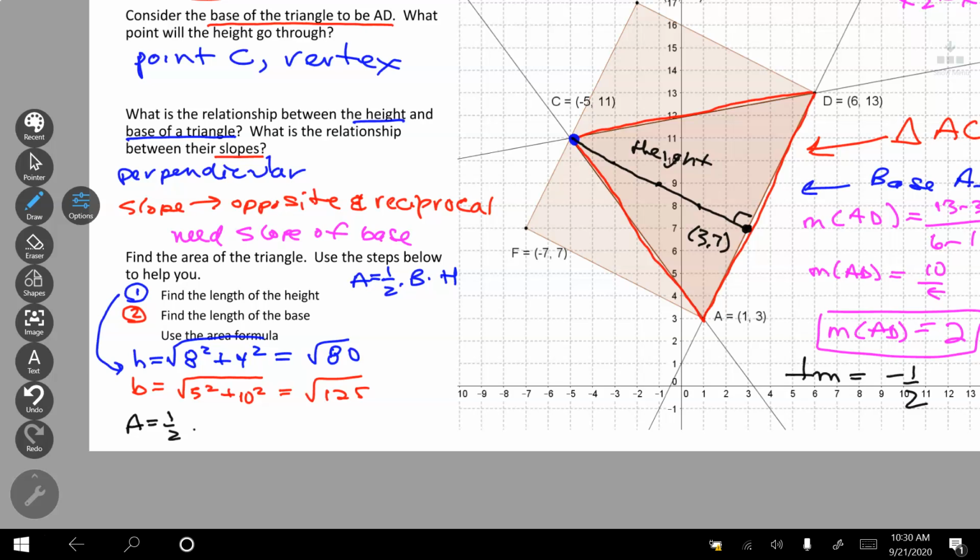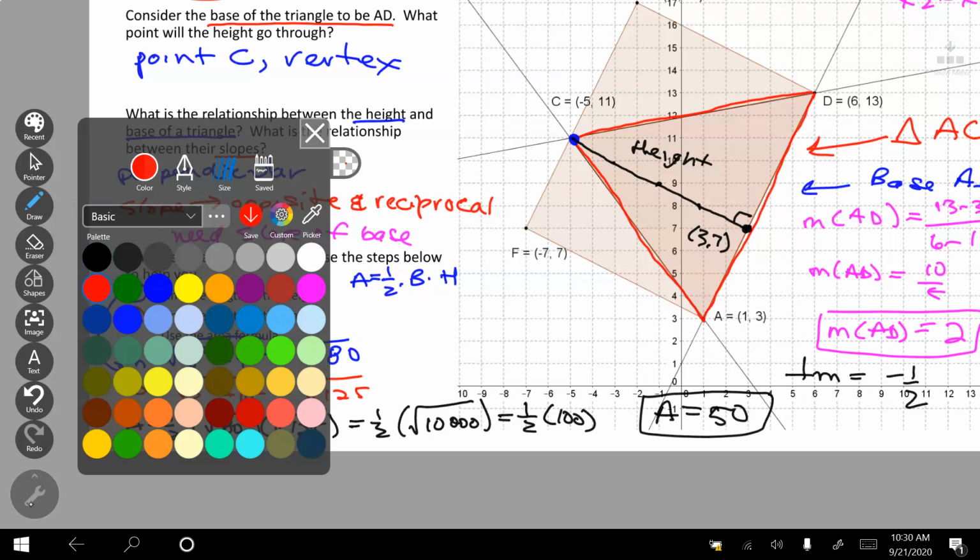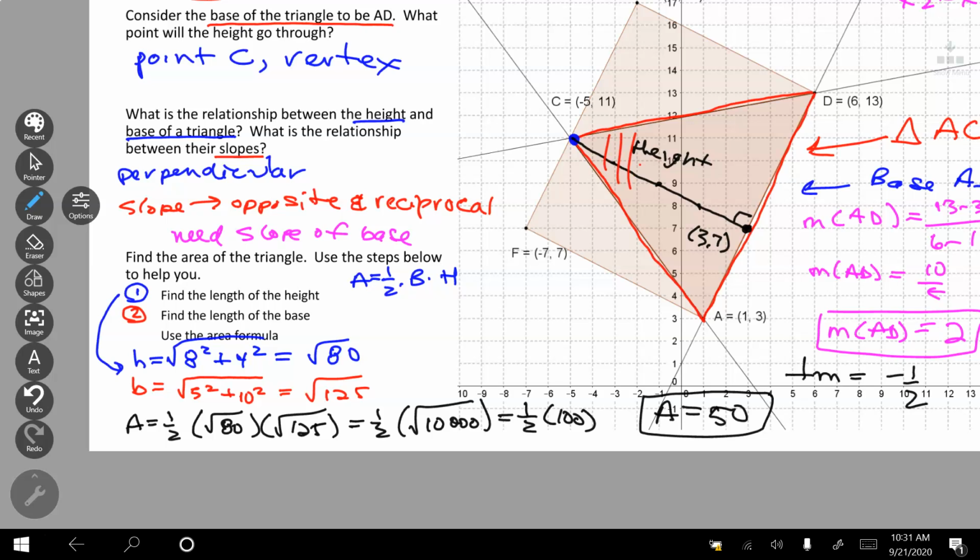A equals 1/2 times the square root of 80 times the square root of 125. I get 1/2 the square root of 10,000, which is 1/2 of 100. So my area is equal to 50 square units. That is the area of this red triangle. There we go.